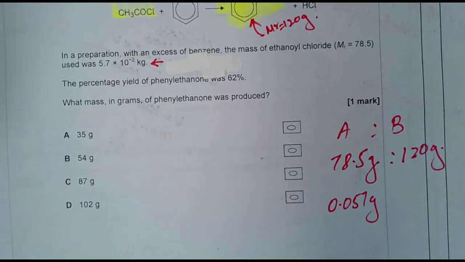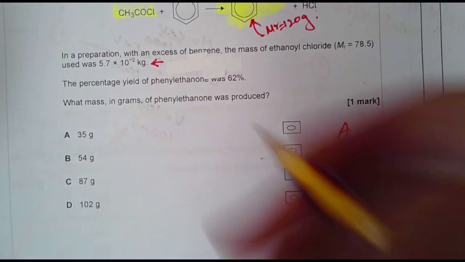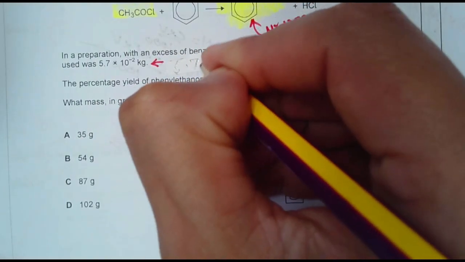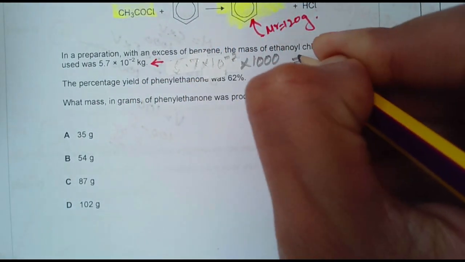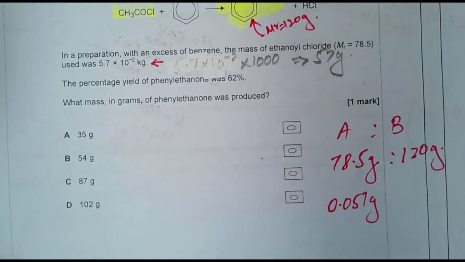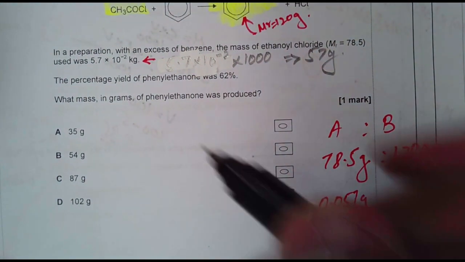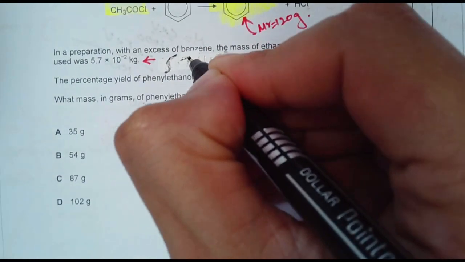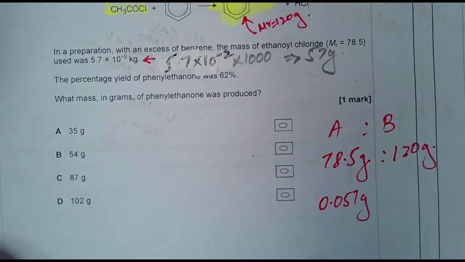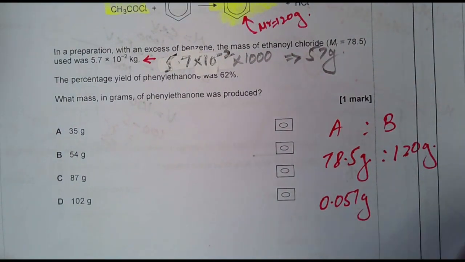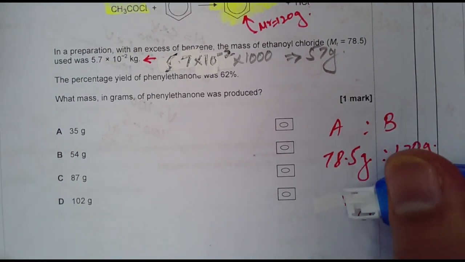In this case, it will be 5.7 times 10 to the power of minus 2 times by 1000. And if I do that, it will become 57 grams. Are we happy with that bit? Okay, so it will be 57 grams.